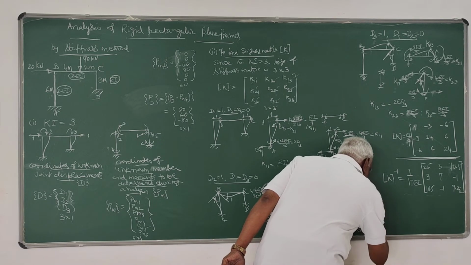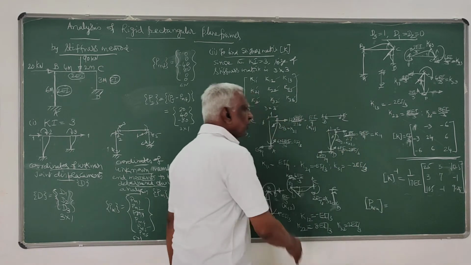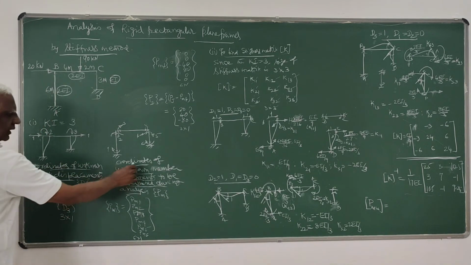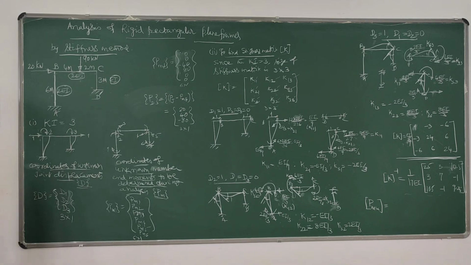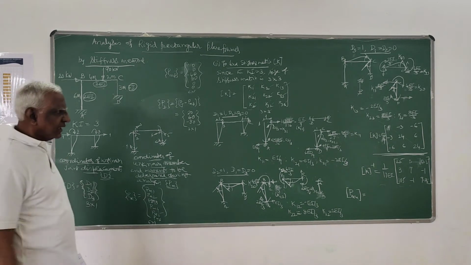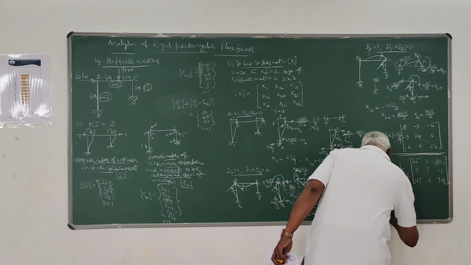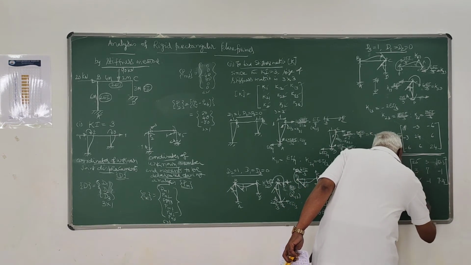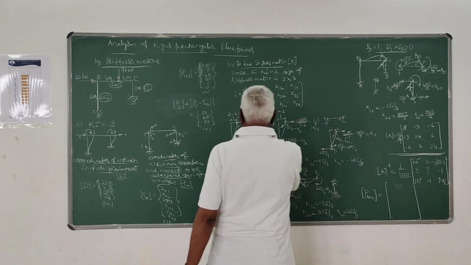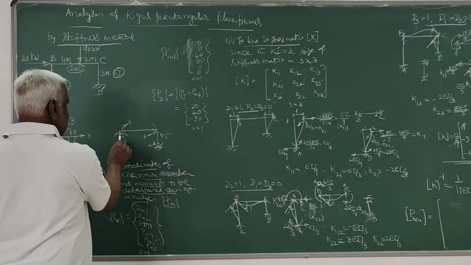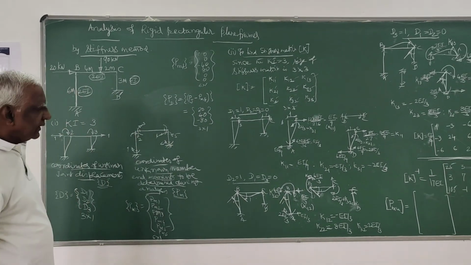Then the last step is only finding the unknown displacements D and unknown member end forces using the standard formula, with matrix addition and multiplication, and you will get the result. Here the PMU matrix, as I have already told, is the matrix generated when you give unit displacement corresponding to these coordinates.